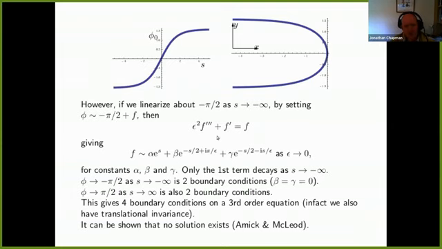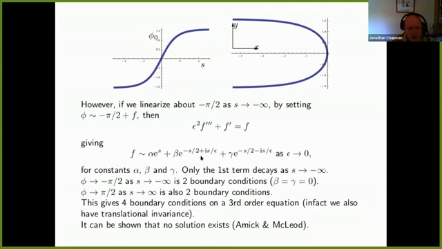And so it's a simple constant coefficient linear differential equation. So you get exponentials as solutions, and you get 3 exponentials, one of which is real and the other 2 are complex conjugates. But as s tends to minus infinity, only the e to the s here decays, but the e to the minus s over 2 grows.